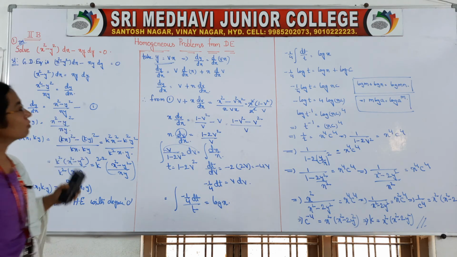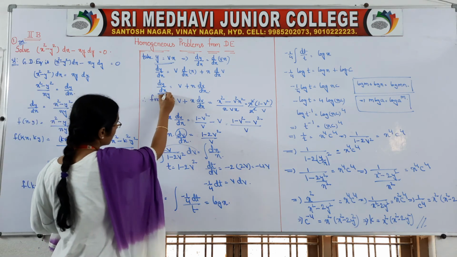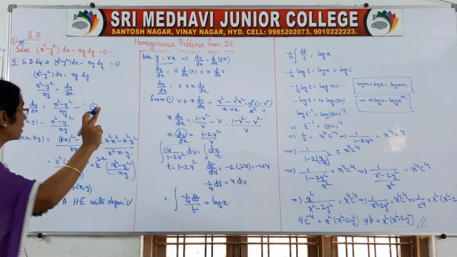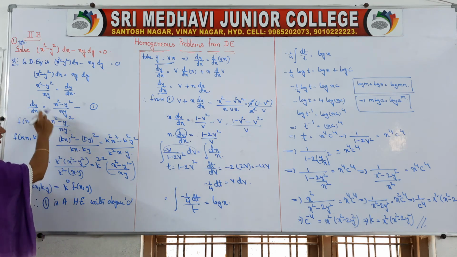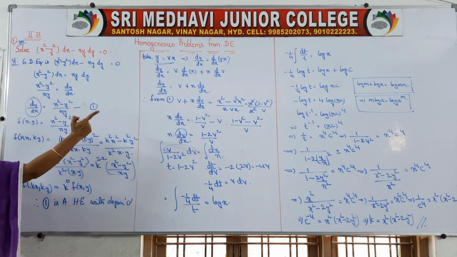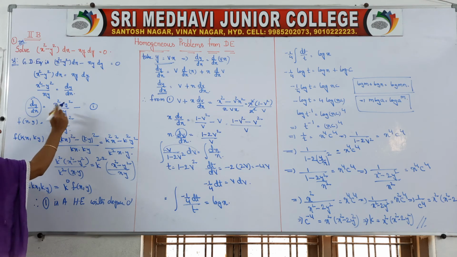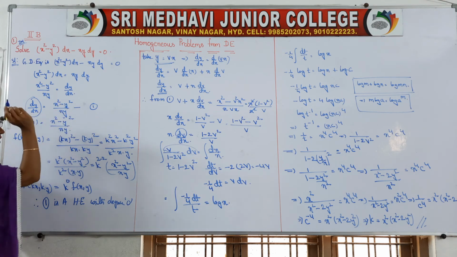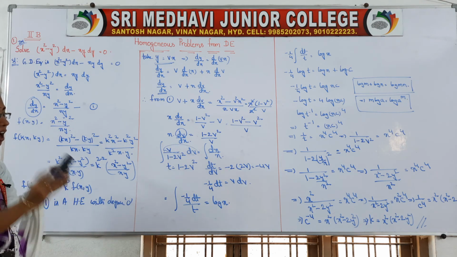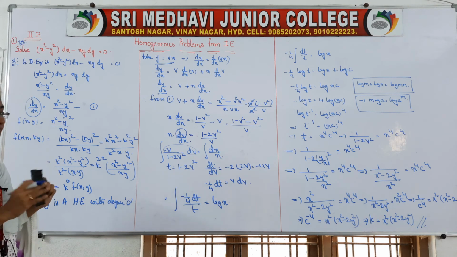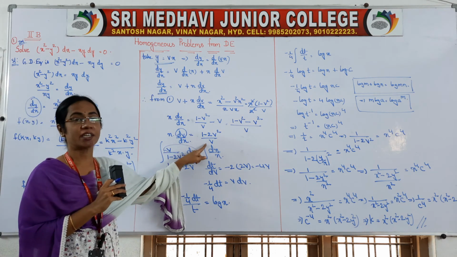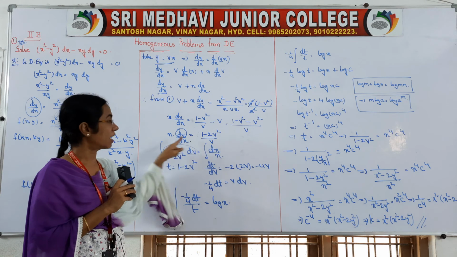With that we will get our dy by dx. Once we get dy by dx, substitute in this equation. In place of this, we have to substitute that one, and this side wherever y is there, we have to take vx. After the substitution and simplification, your equation will be in terms of v and x.